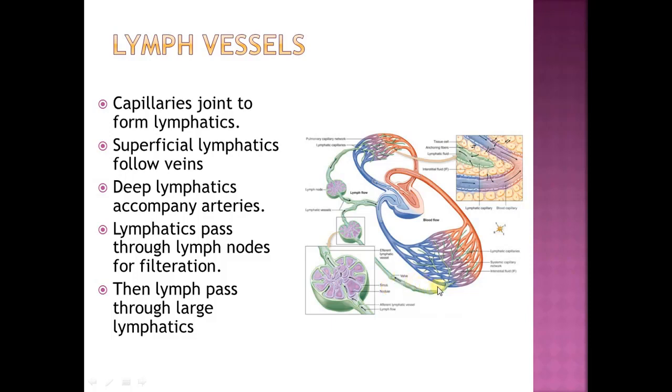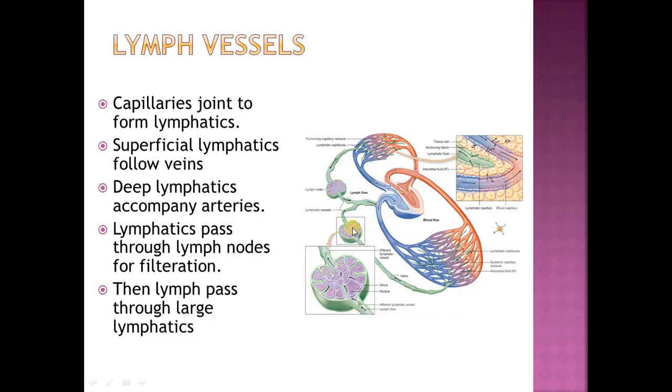Whatever might be the case, whether it is superficial lymphatics or the deep lymphatics, they have to go and relay in lymph nodes. So lymph nodes are places, or filters, where the lymph will be filtered. Any foreign body or any microbes might get trapped here when they pass through these lymph nodes.